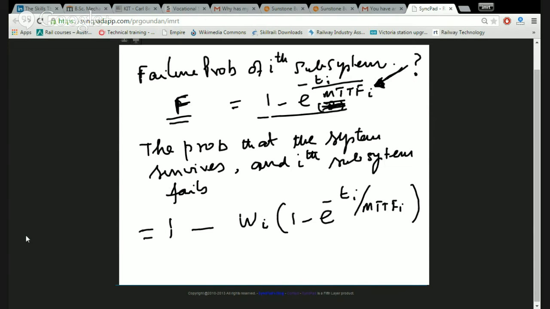Okay, think it over. It's easy, just multiplication of two probabilities. This is probability 1, this is probability 2. Multiplication of these two gives the overall failure probability, and 1 minus that gives the survival probability.